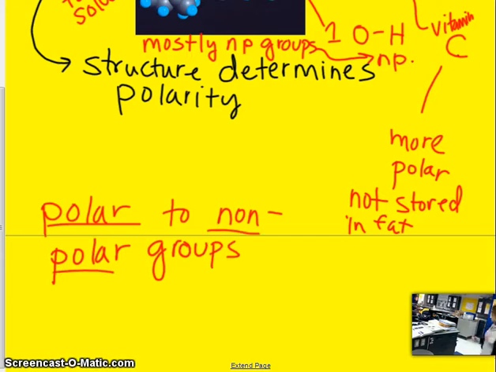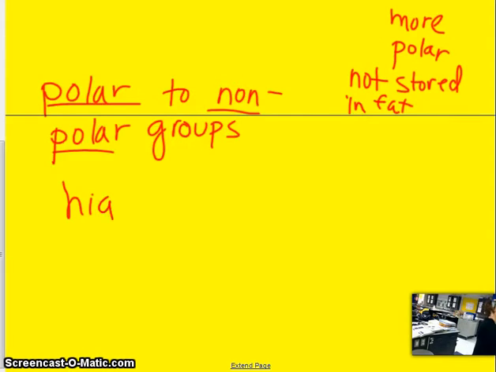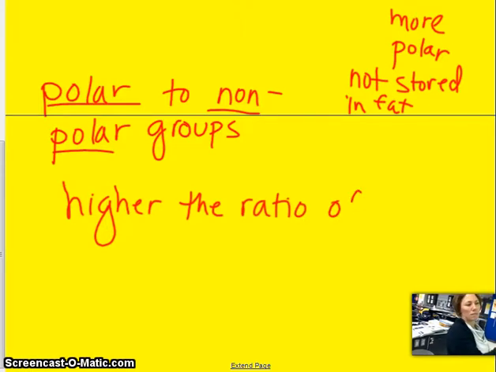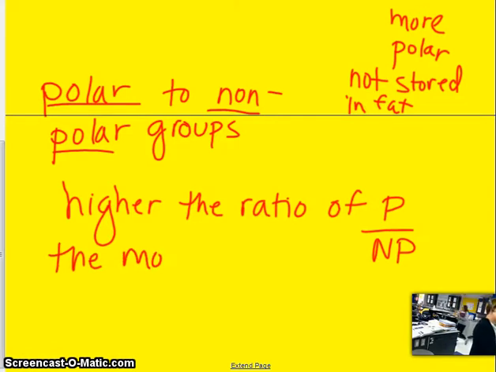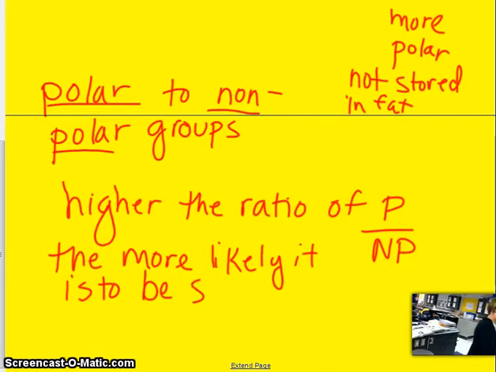The higher the ratio, the more likely the substance is to be soluble in water. That's basically what we just talked about with the vitamins.